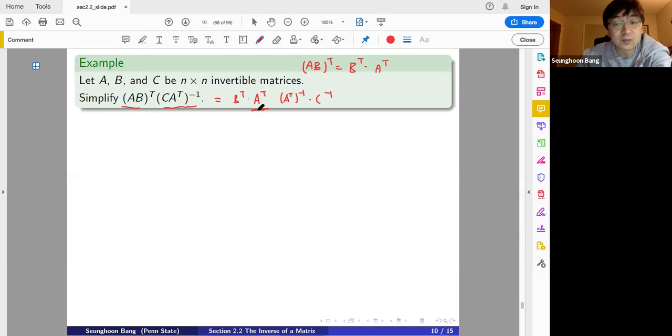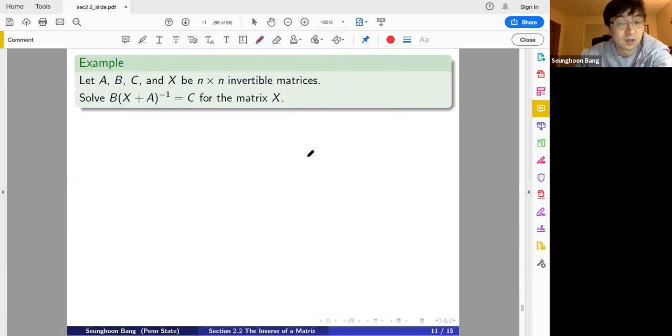The transpose of A times the inverse of the transpose of A, you can change it to the identity matrix I_N. Then B transpose times the identity matrix times C inverse of C. So I think it cancels, you don't need it. The answer is transpose B times inverse of C. This is the final answer, to simplify the form, like this.